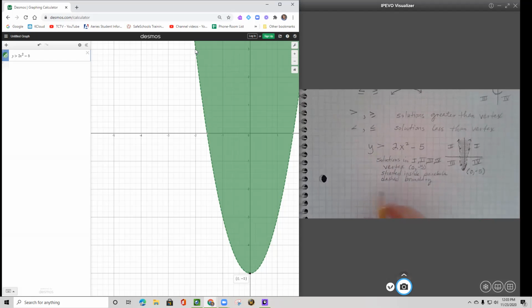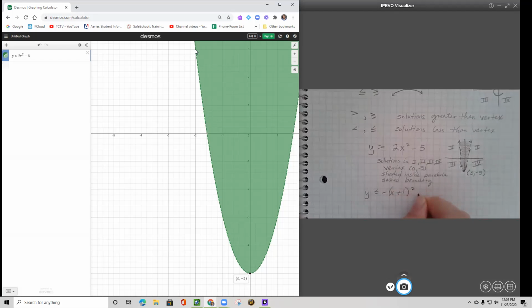Let's do another example. What if y is less than or equal to negative (x plus 1) squared plus 3? I'll type that in here.